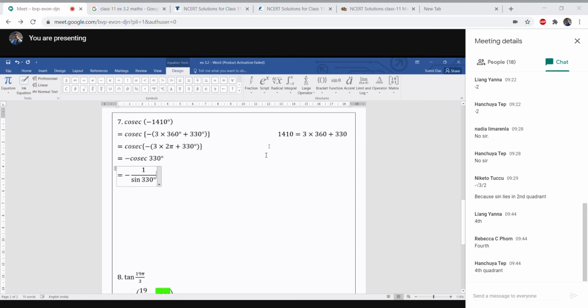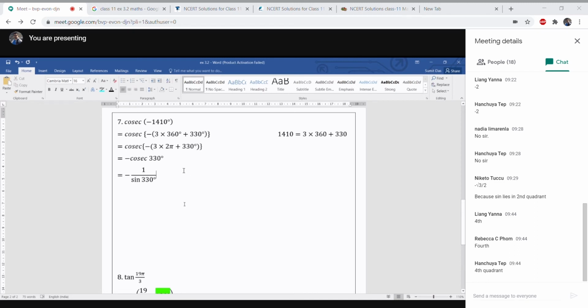Okay, now let's find sine 330 degree, then we'll put the value.